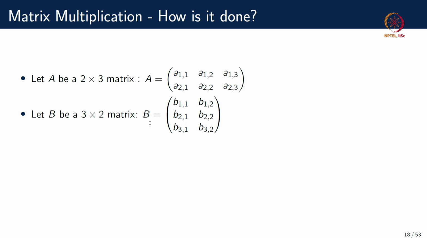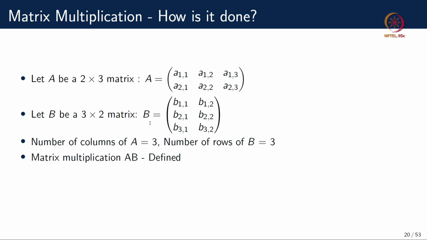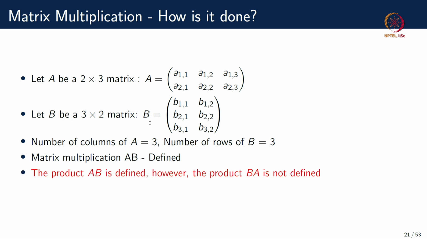We see that the number of columns of A is 3 and the number of rows of B is 3. Thus, the multiplication AB is defined. However, we note that the product BA is not defined as the matrix dimensions do not match.